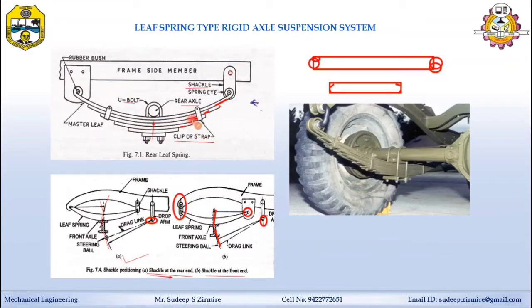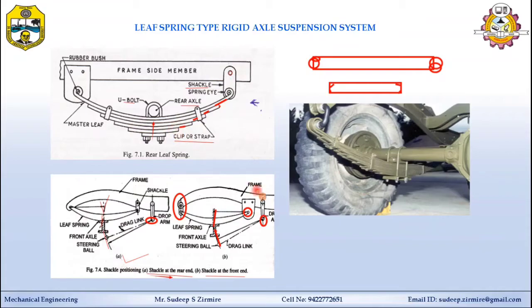Apart from this, another point with the leaf spring is that it requires periodic lubrication. You have already seen how they lubricate the leaf spring. For that purpose, the vehicle should be jacked first. So the gap between the springs will open, and then this gap is filled with graphite or standard oil for the lubrication purpose.